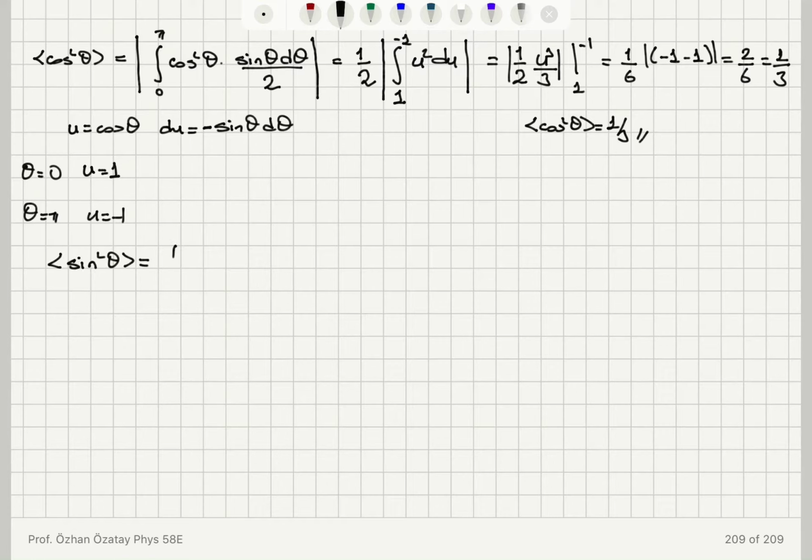This will be the integral from 0 to pi, absolute value, of sine squared theta sine theta d theta, divided by 2.